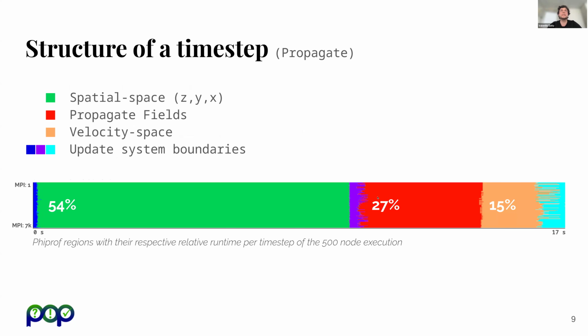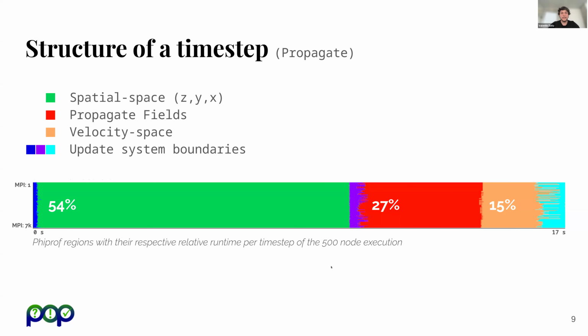The second very time-consuming region is propagate fields, the field solvers where we solve the electric and magnetic fields. Then the velocity space updates take around 15%. The remaining 4% of runtime per time step is basically updating the system boundaries in different regimes of the simulation.